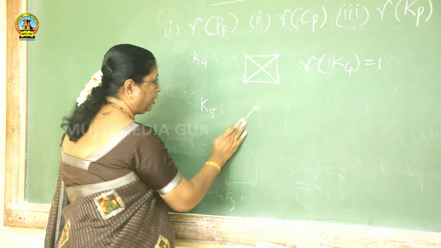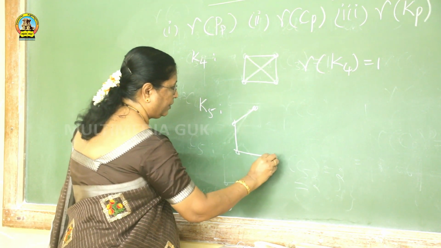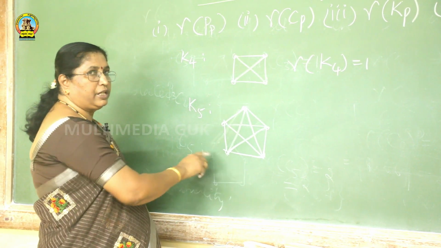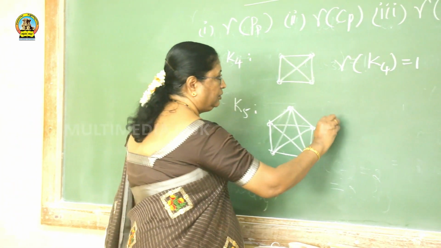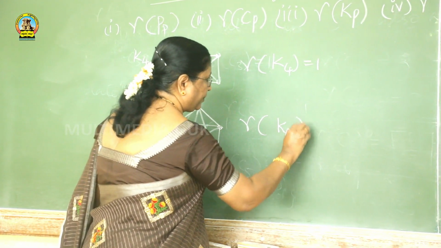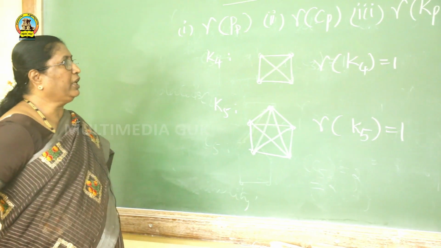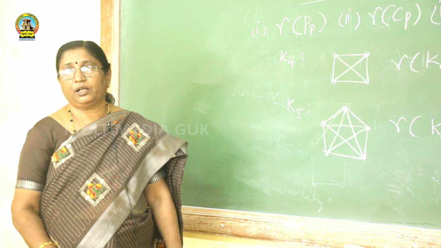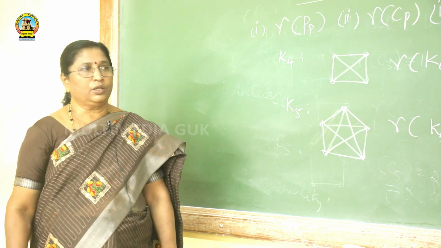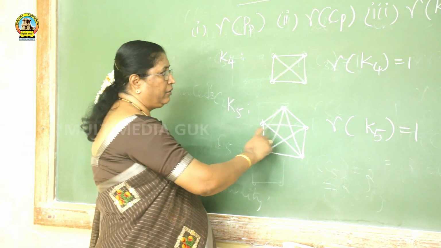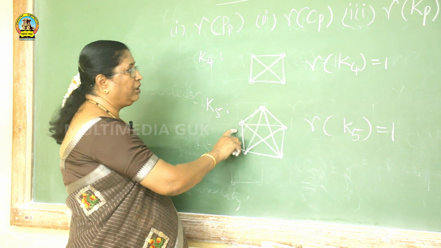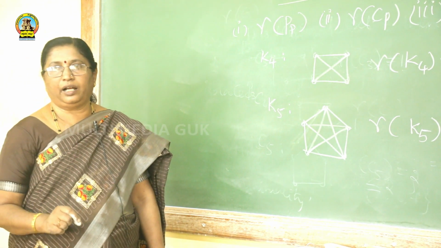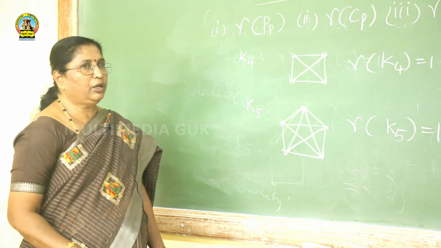K5 is this graph, in which every pair of vertices is adjacent. Then the domination number of K5 is equal to 1. Looking at the definition, for a complete graph every pair of vertices is adjacent with each other. So we need only one vertex; the set containing any one vertex will act as the minimal dominating set, and that minimum size is the domination number.